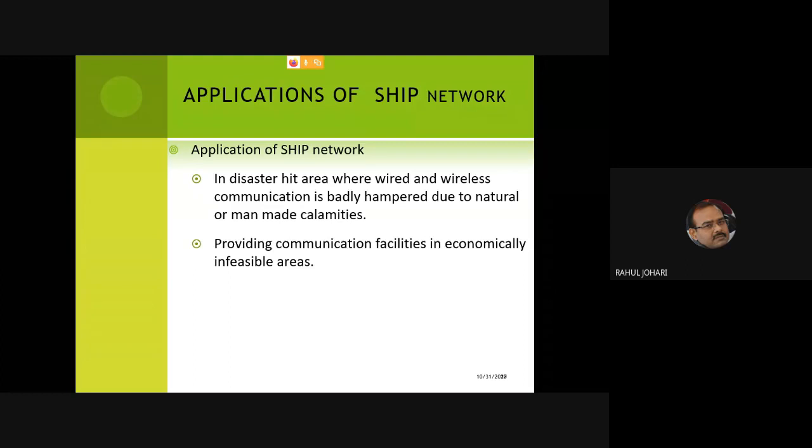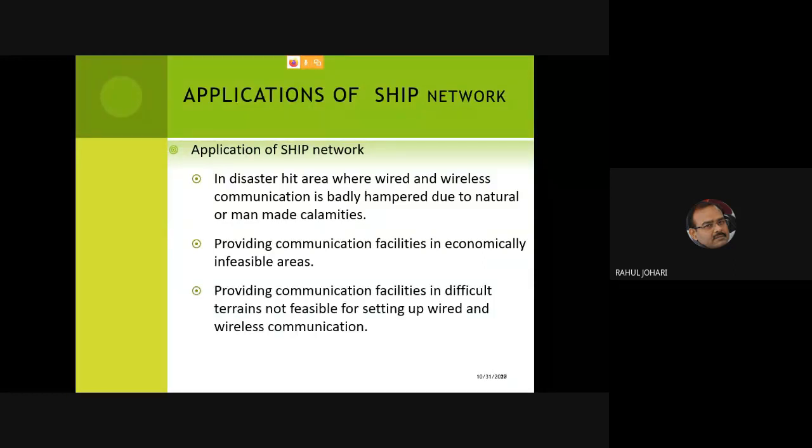We need to establish a network in these kinds of regions, so a ship network is good enough. You can establish the network on a fly basis, on demand basis, or provide communication facilities in difficult terrains which are not feasible for setting up wired or wireless communication. That is a good place wherein I can set up my ship network, where providing communication facility becomes easy.